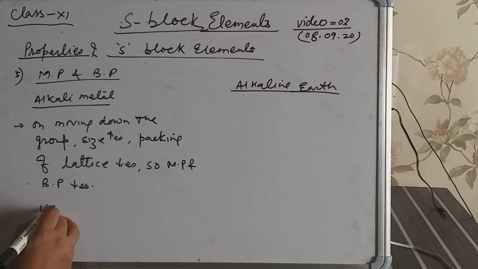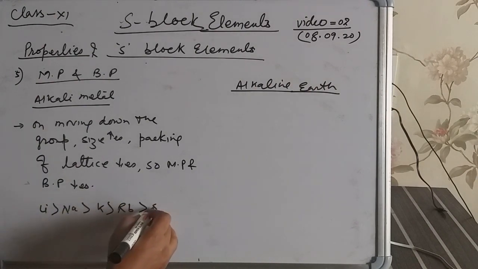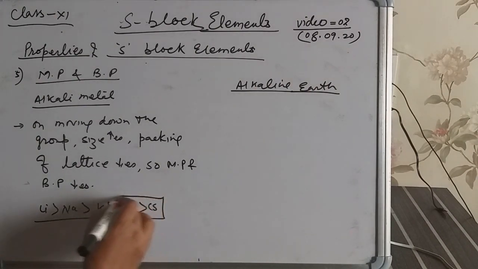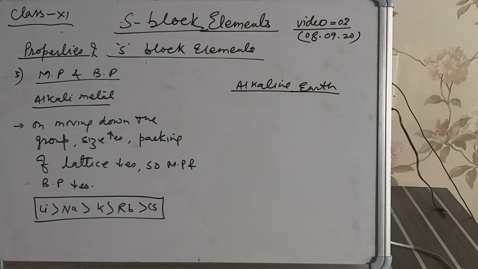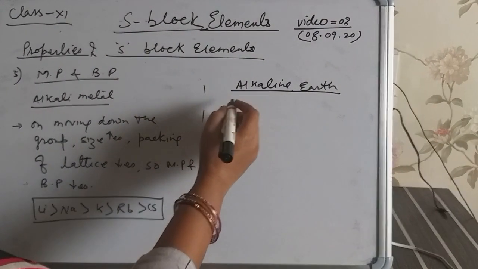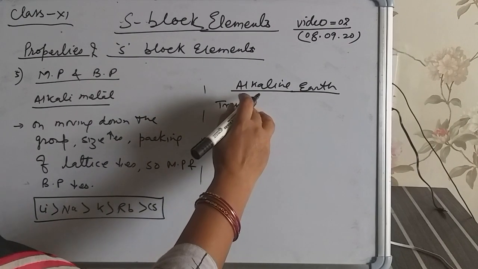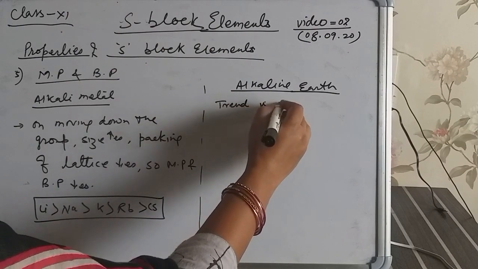So lithium, then sodium, then potassium, then rubidium, then cesium. This is the melting point and boiling point order. But in case of alkaline earth metals, the trend is irregular.